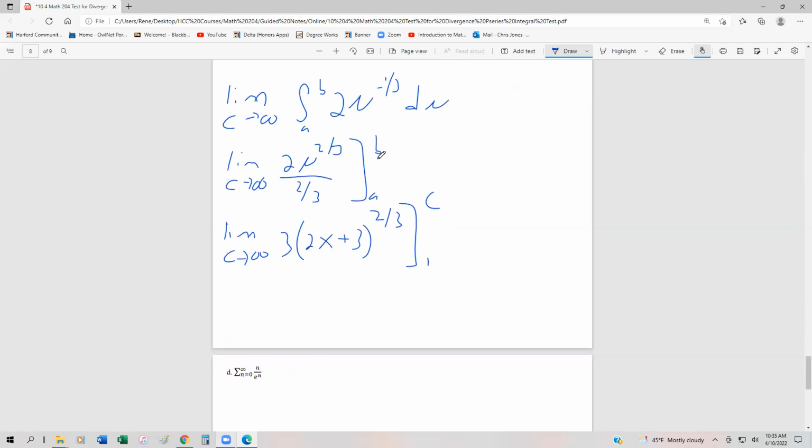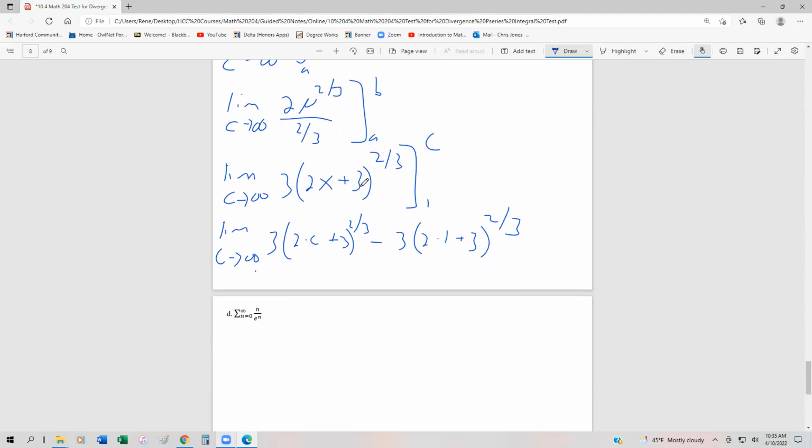And finally, now I can substitute c back in. So this is now going to be the limit as c approaches infinity of 3 times (2 times c plus 3) to the 2/3. And then we can substitute 1 back in, 3 times (2 times 1 plus 3) to the 2/3. And when we substitute infinity back in, we know that infinity raised to the 2/3 power is going to keep getting bigger and bigger.